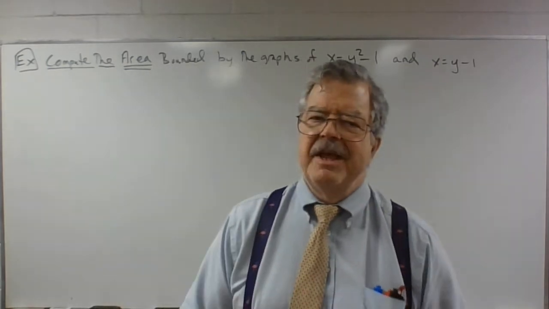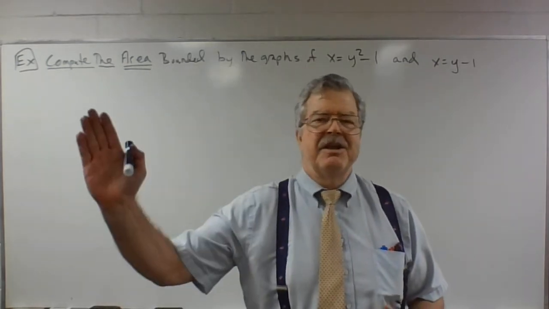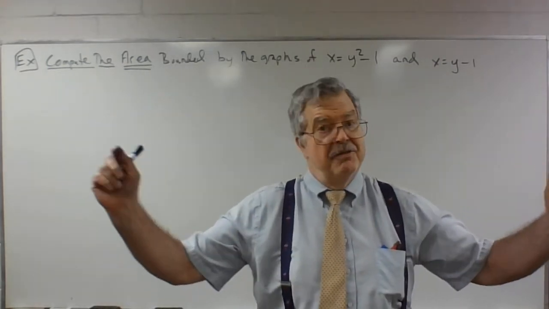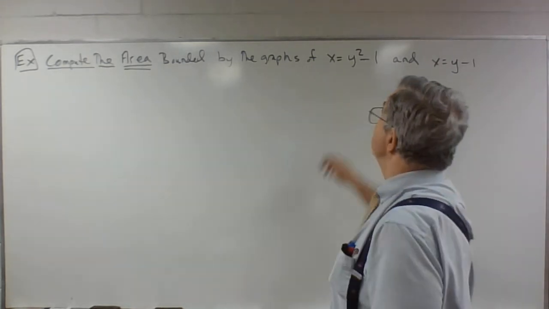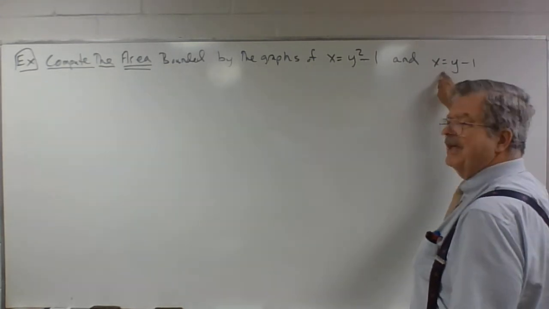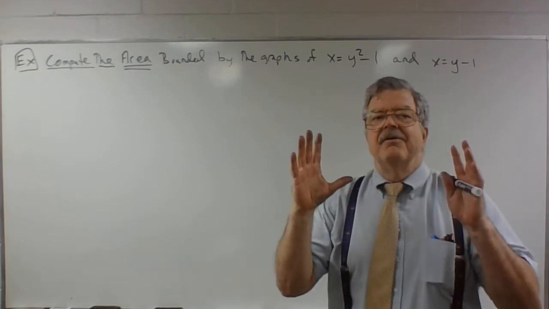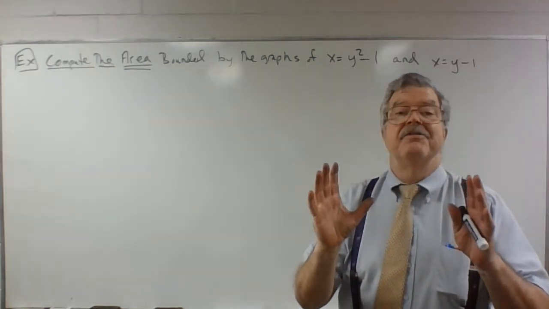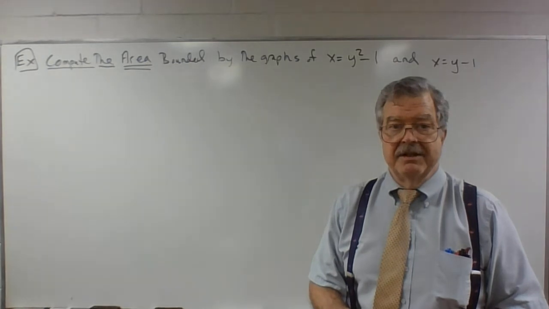And again, they don't say compute the area between x equal this and x equal that. So the assumption is that these two graphs, as they intersect, form the bounded region or define the bounded region completely.